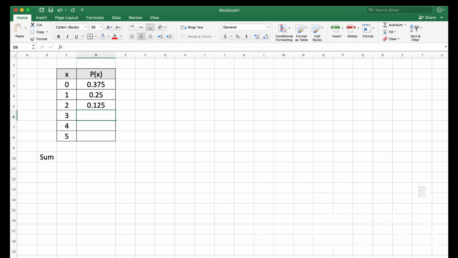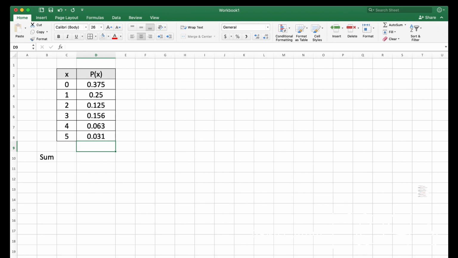Well, that's going to be 0.156. And as you continue to read the table here, right, what's the chance that a person has 4 children? 0.063. What's the chance somebody has 5 children? 0.031.